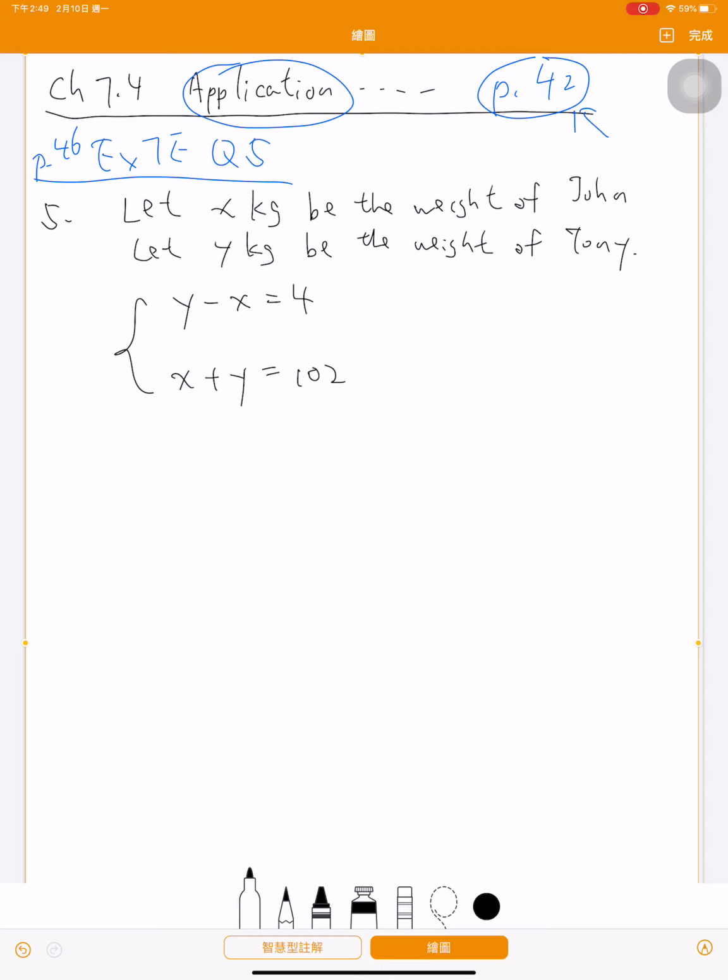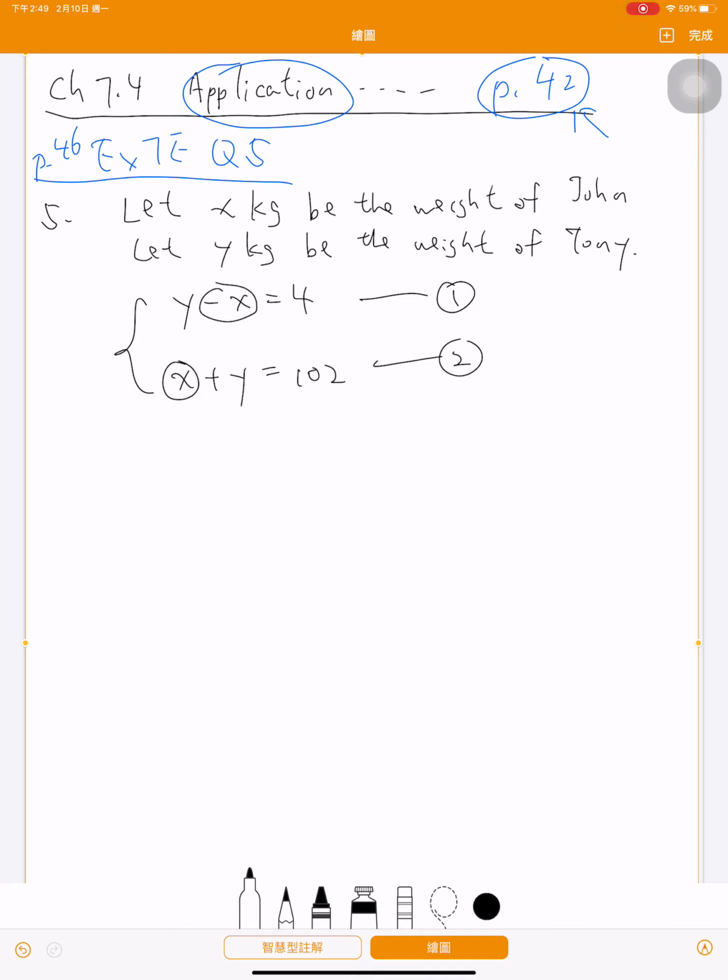right? 102. So we have equation 1, equation 2, and then we can just use what we have learned to solve these equations. For example, we use elimination. For the x, this one is negative 1. For the x, this one is positive 1.